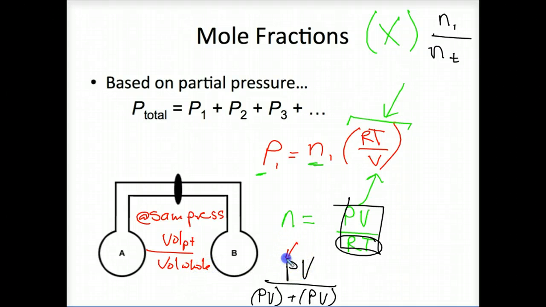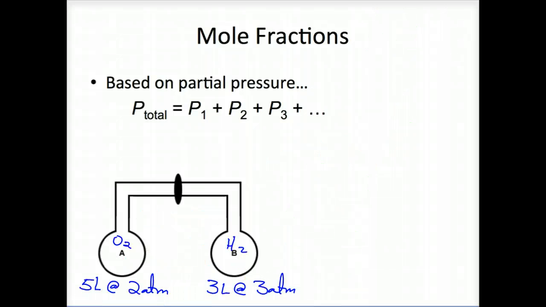Because if my pressure is the same, it has no impact on the overall calculation. So it's literally the volume of the component over the total volume when you mix them. When the pressure becomes important is if I have the two separate gases in the apparatus at different pressures. Then you have to account for the pressure because that's going to change your mole fraction.